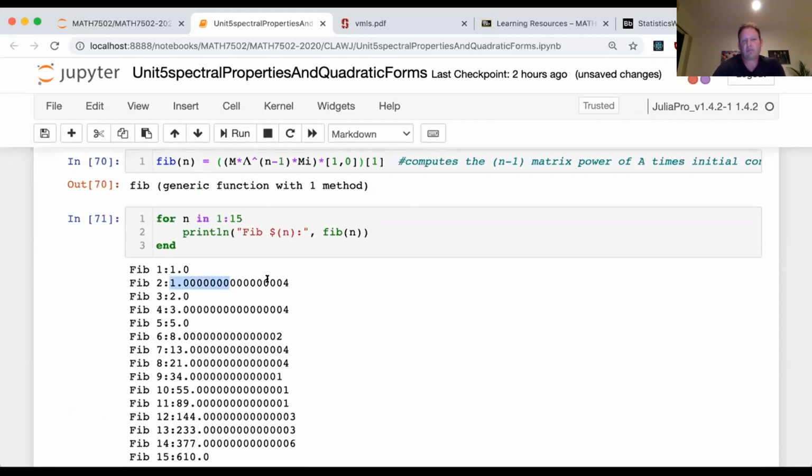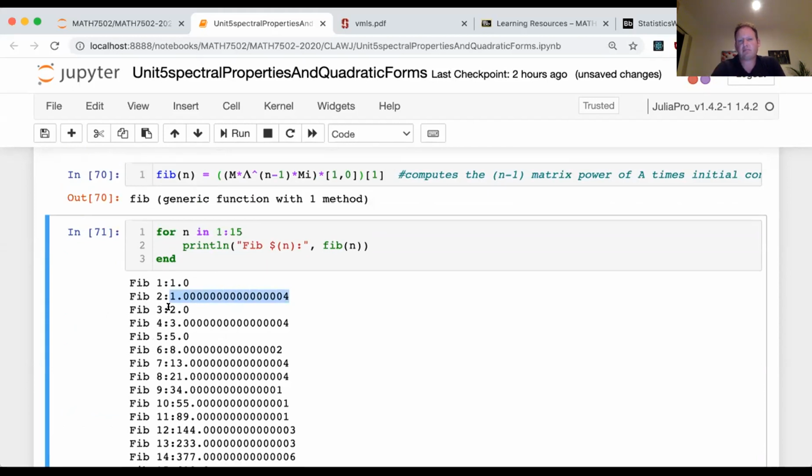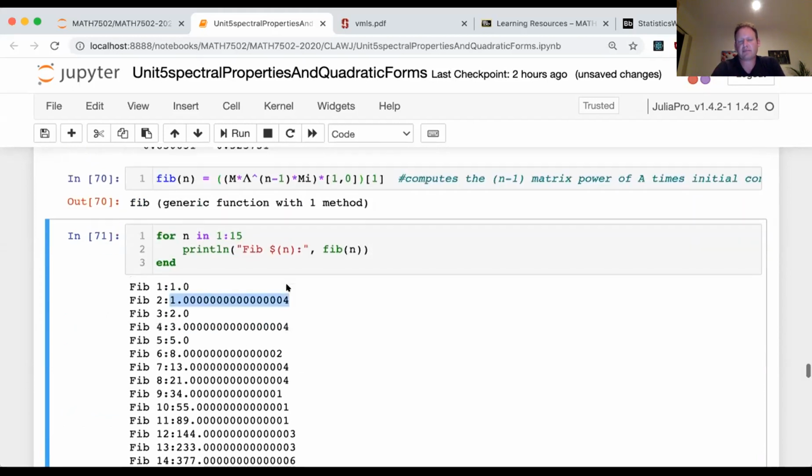Here you get some very minor numerical error, because you've got this M and this M inverse.